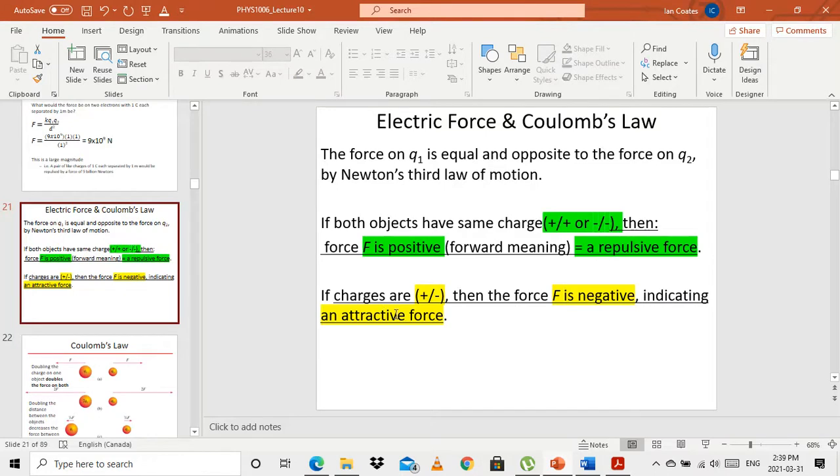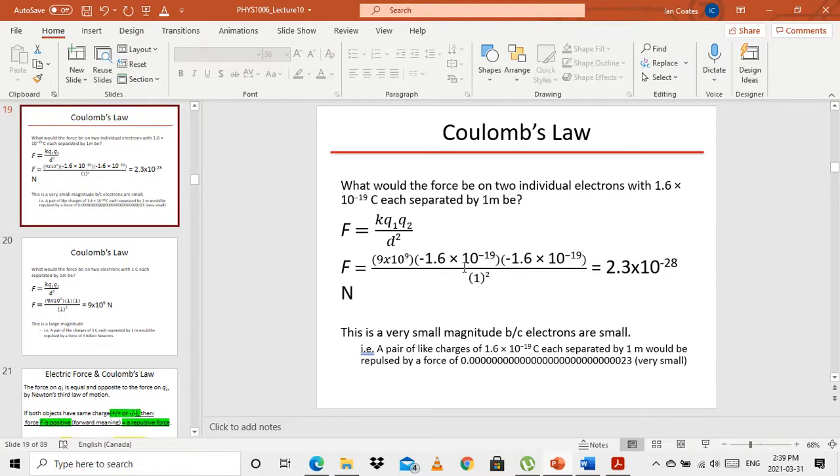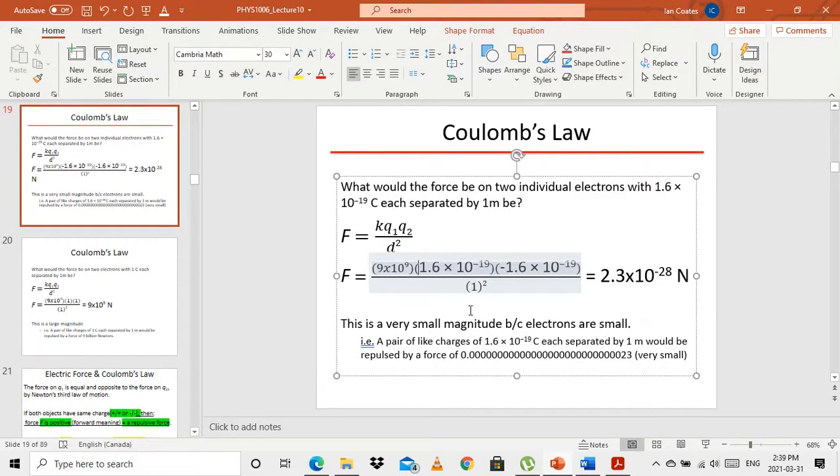If the two charges are plus and minus, in any combination, plus minus or minus plus, then the force will be negative because one of those numbers will be negative. So let's say here I have a positive charge, maybe a proton, and here I have a negative charge, maybe an electron.